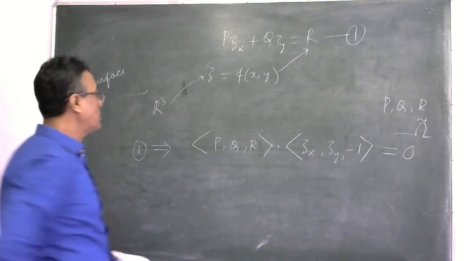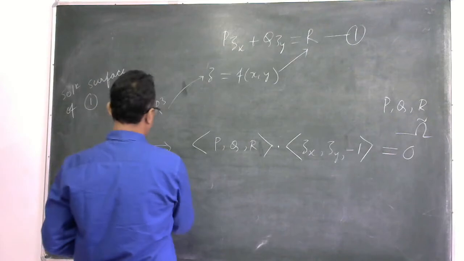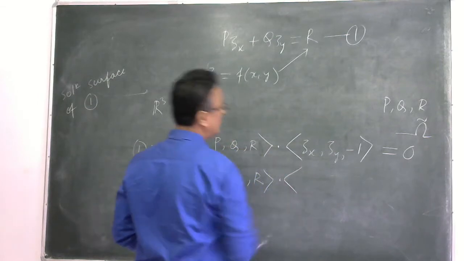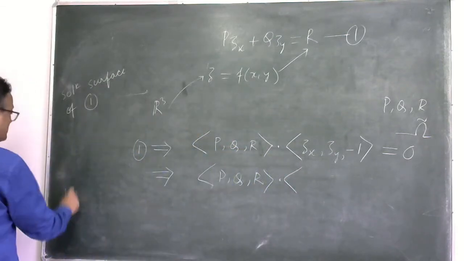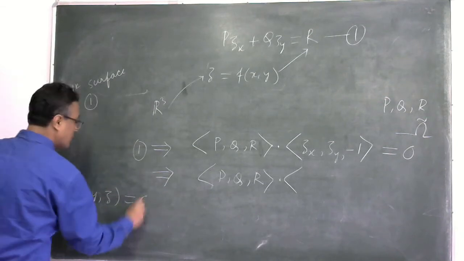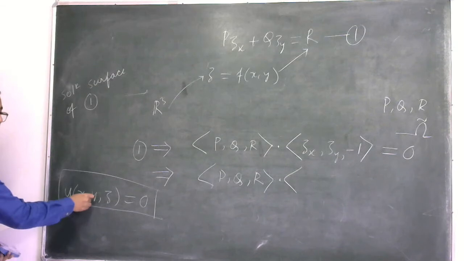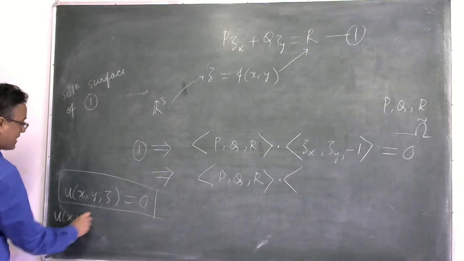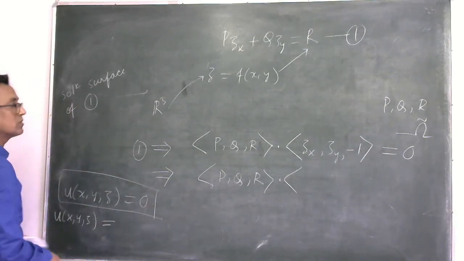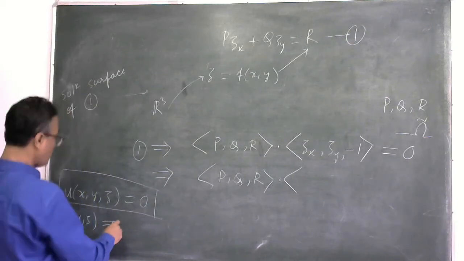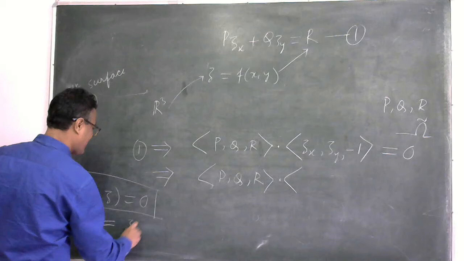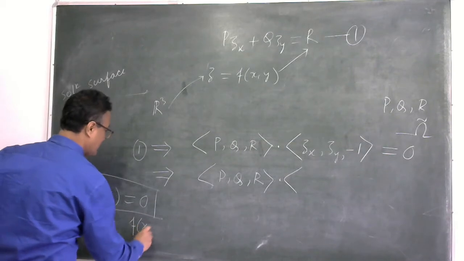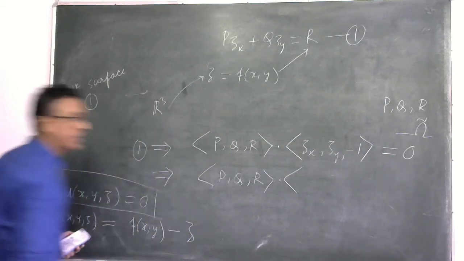Right? So that means if I define a level surface for some function u of x, y, z in such a way that u of x, y, z is equal to, maybe, z, right?